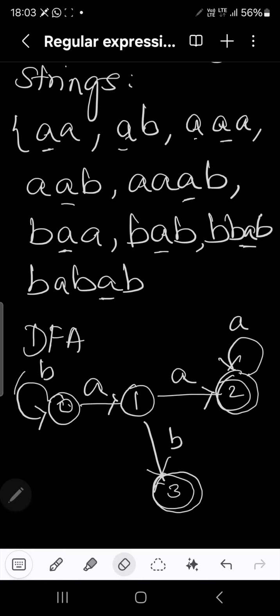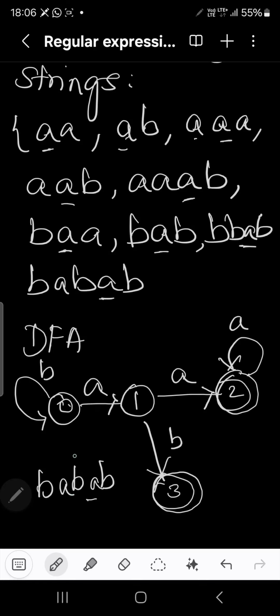Now if we take the string BAB, in this string also the second character from the right is an A. If we see the transitions for this string, the first character is a B, and the transition is from 0 to 0.